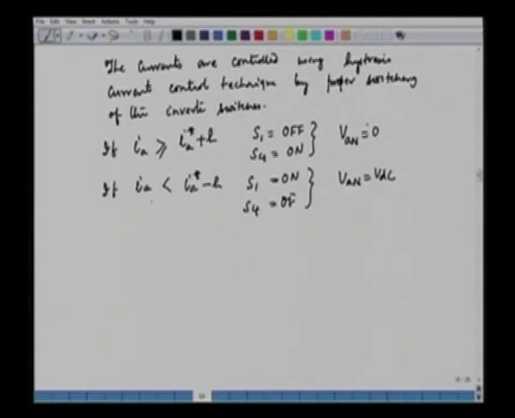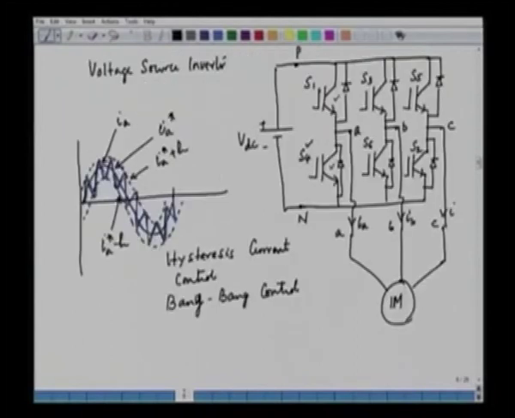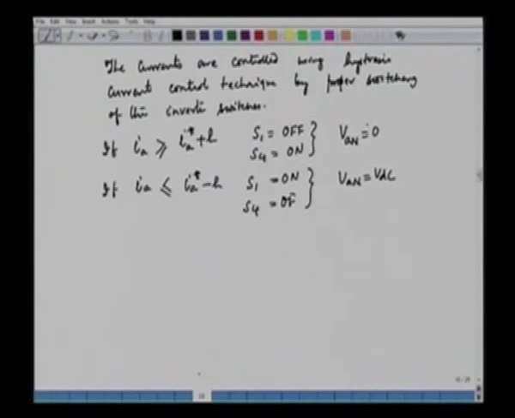And if IA is lesser or equal to IA star minus H, it means the current is hitting the lower band. We have to switch on the upper switch. We have to increase the current, and the current can be increased by switching on the upper switch and switching off the lower switch. So that's what we can do here, that if IA is less than IA star minus H, we can switch on the upper switch and switch off the lower switch.